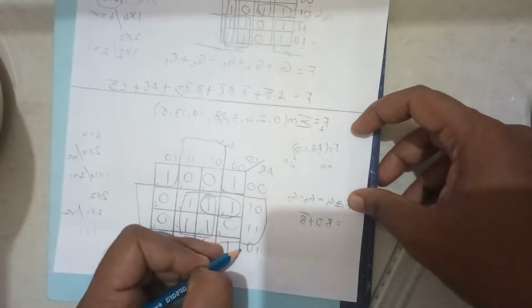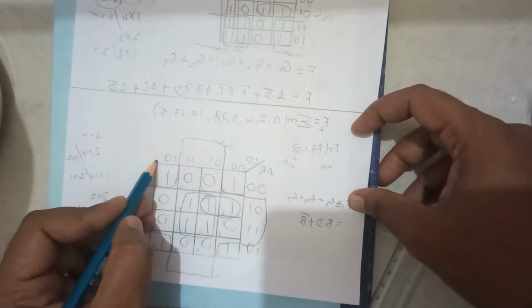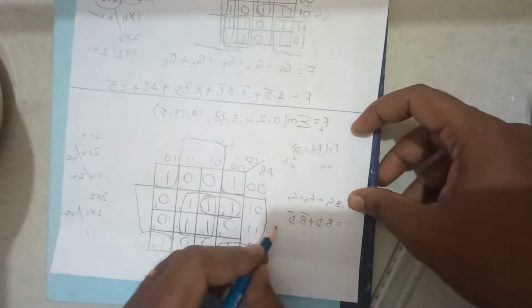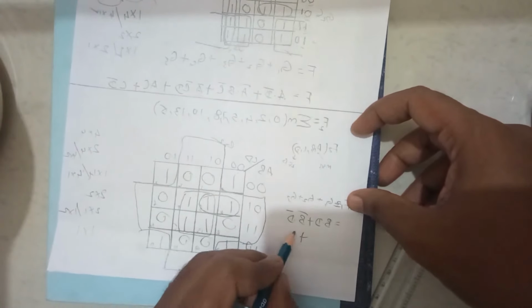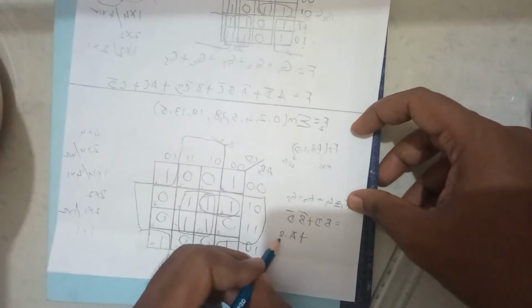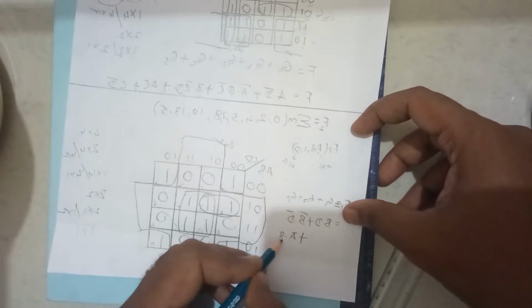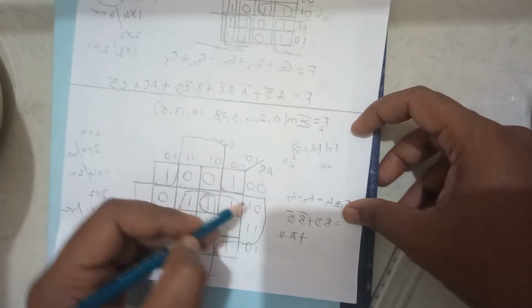So B bar is the common term, and the common column, as usual, is the D column, so D bar. This is G2. Then for G3, which is the common row? Only one row is there, so I have to write that particular row as A bar B, because 0 1 means A bar B, and the B position is considered B only, so I write A bar B, dot of which column is common, C bar is the common column, so I can write C bar.